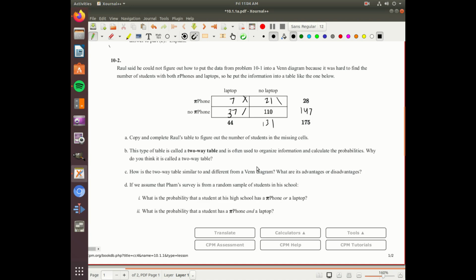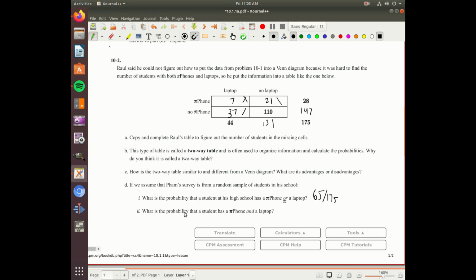So if it's an or question, which it is, I don't care if it's these or these. These people have both, that's great. These people have a laptop, no iPhone, but they count. These people have an iPhone but no laptop, so they count. So I should be able to add all these together and get my 65 out of 175, right?